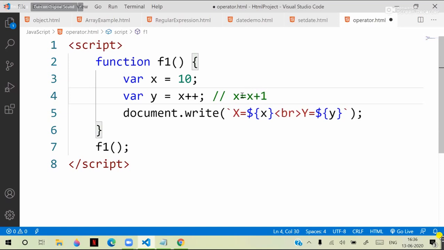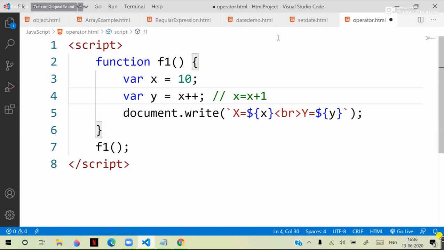That means the x value will be increased by 1 and it will be stored in x. That is x plus plus. Now technically, what is the value of x and what is the value of y finally? Can you tell me?